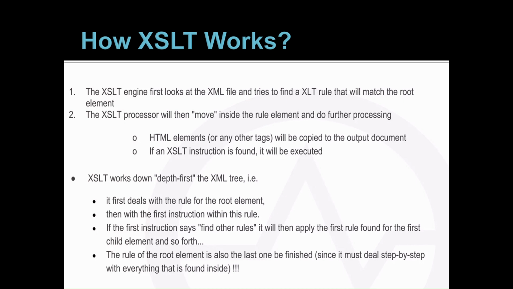So here it explains how the depth first traversal of the XML tree works and how the instructions are fetched from one place. And here it also says that if the first instruction says find other rules, then the same first rule is applied for the first child element and so forth. That is the flow of data.